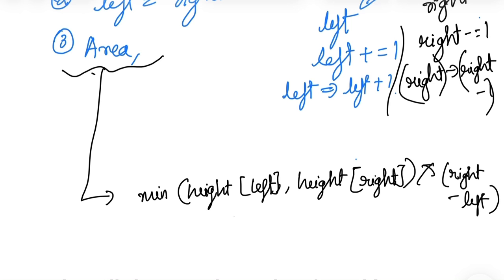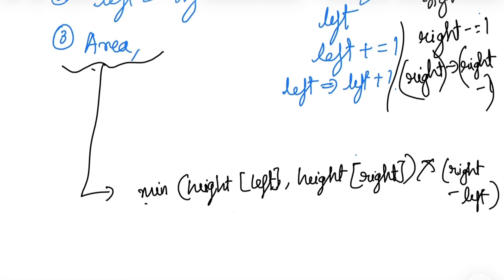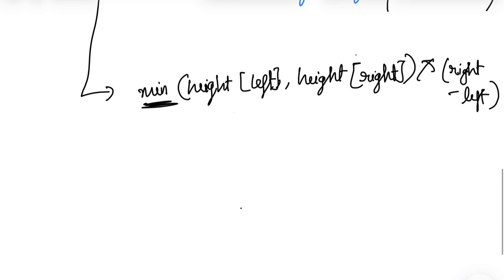I'll explain what this means. It means we have to find the minimum of height left and height right, which is the shorter height. We have to take that one.